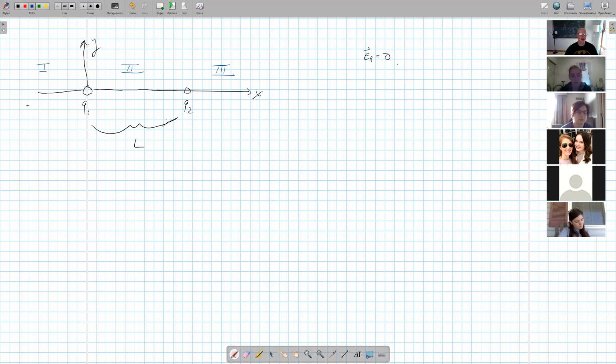So we'll just do the same thing as before. The question is, can I have a total electric field of 0 in region 1? So what do you think? Could we have a total electric field of 0 in region 1?